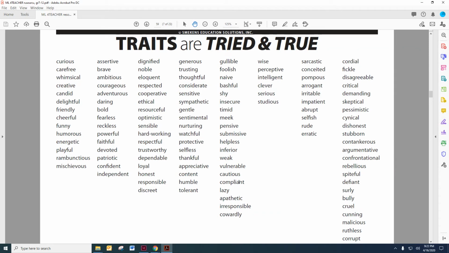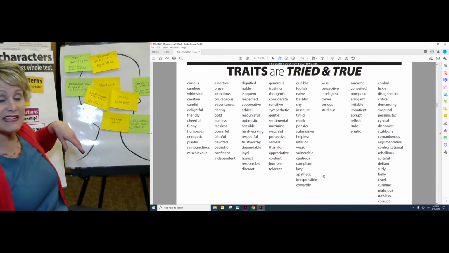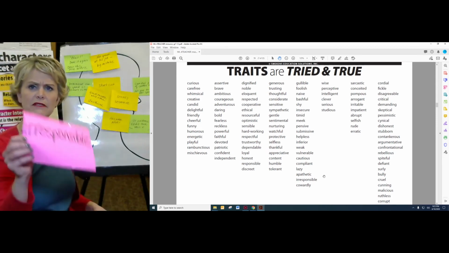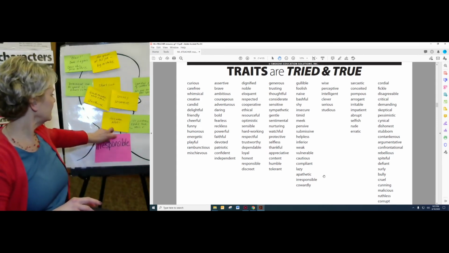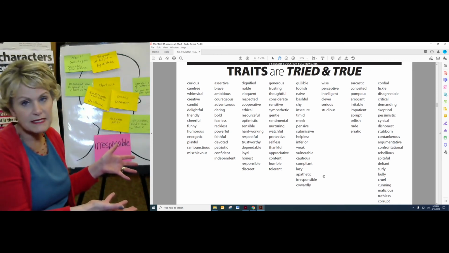Okay, vulnerable, cautious. Look down here. Some people would say lazy, but he went that extra mile. He solved his problem. So I don't know if he's so much lazy as much as irresponsible, right? Irresponsible. And again, that's just one possible trait Eddie possesses.